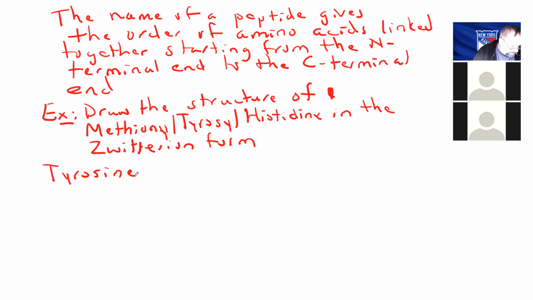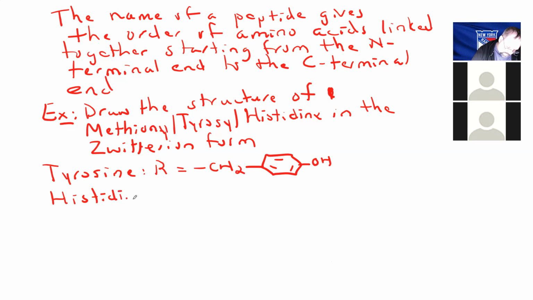Tyrosine. Okay. So the side chain for tyrosine is a CH2 connected to a benzene ring, and then essentially 1, 2, 3, 4 carbons away from the ring carbon where the CH2 is attached to, you have an OH. Now for histidine, the side chain is a CH2, and then connected to the CH2, you have a 5-atom ring that has 2 nitrogens associated with it.